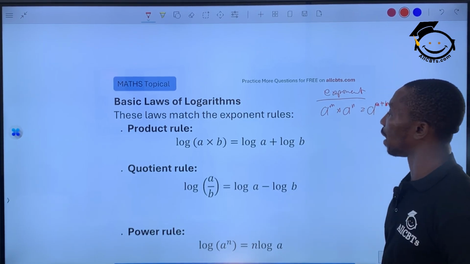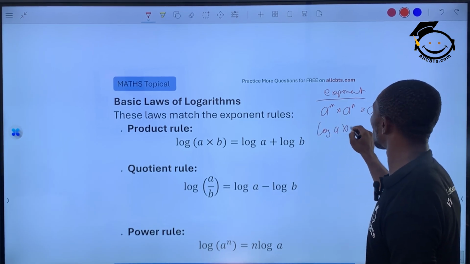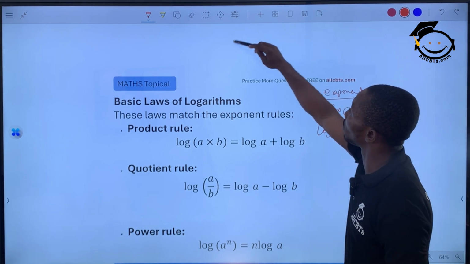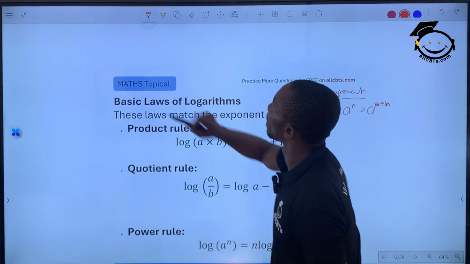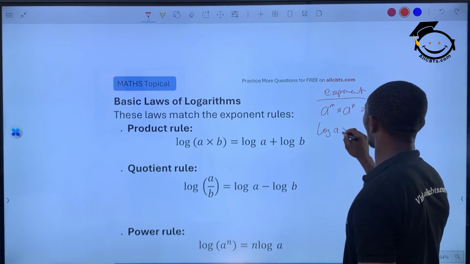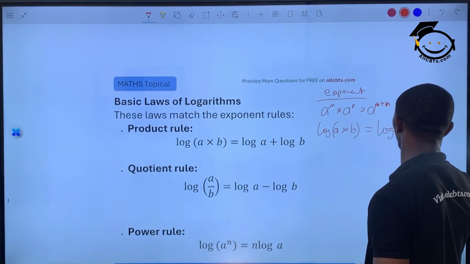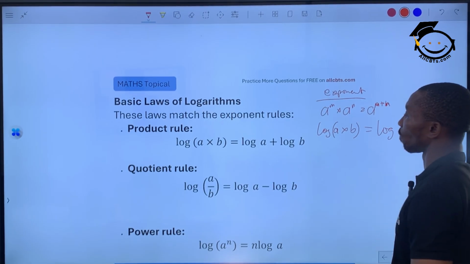Now in log, we have log of A times B to give us log A plus log B.